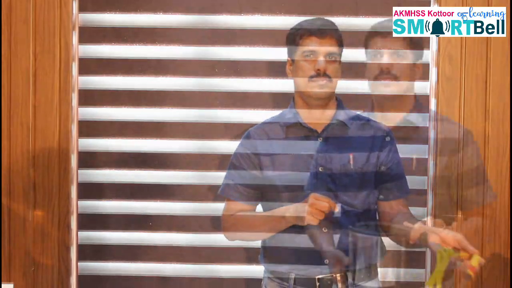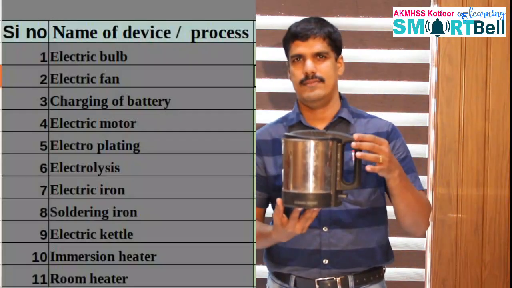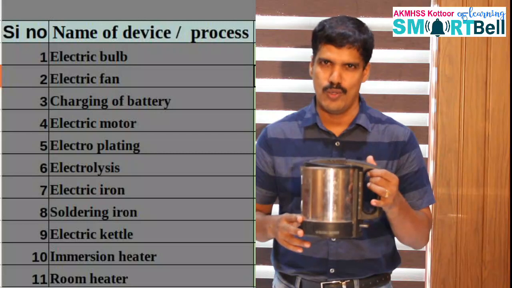Now going to the next device in the table, the electric kettle. We use this kettle to boil 1 or 2 cups of water for the preparation of tea or coffee.